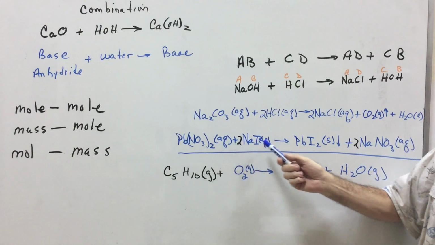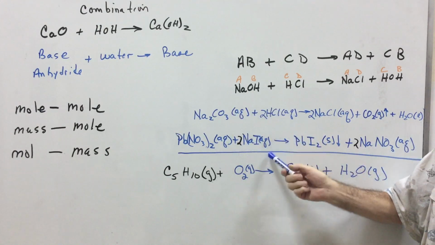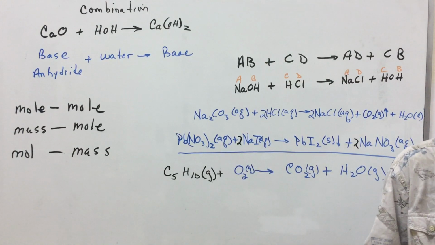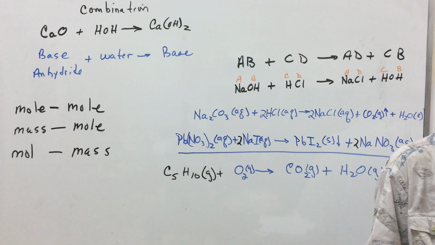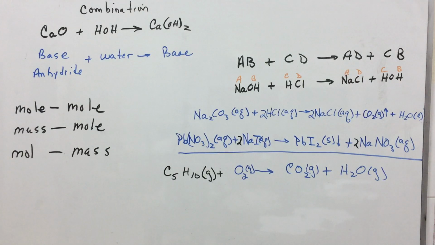See how it's aqueous? These are aqueous ions. The reactants have to be ions. It has to be aqueous. Clear? Let me get something really quickly. Remember what we did with the reaction?